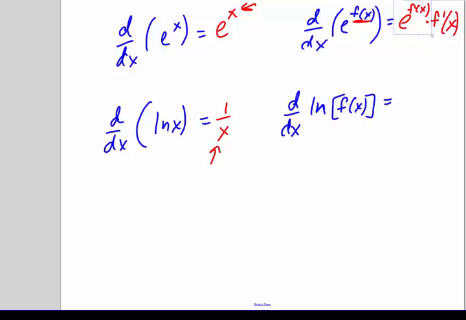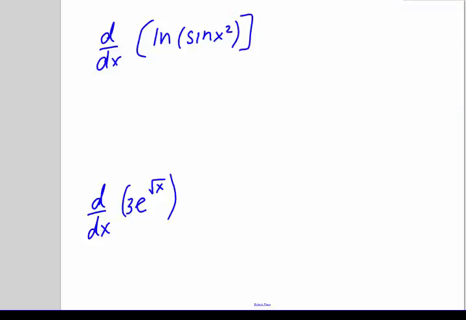So the exponent is where your guts are hidden. Same thing here. If this becomes a more complicated expression, then we still use our rule of natural log derivatives, 1 over f of x times f prime of x, which would be the derivative of our inners. Okay? All right, let's do a couple examples with those before we move on to anything else.